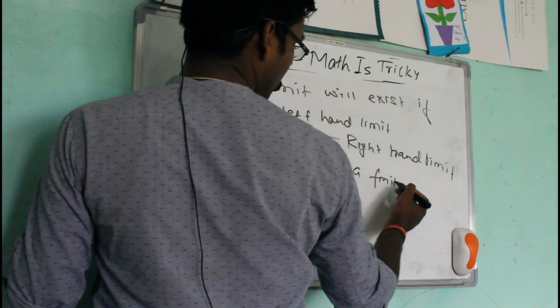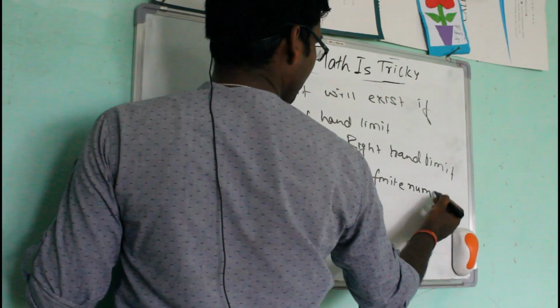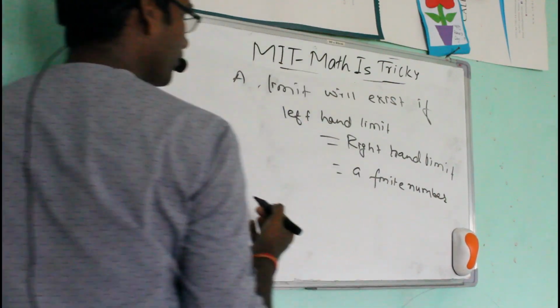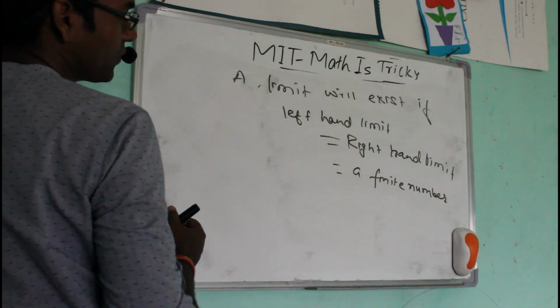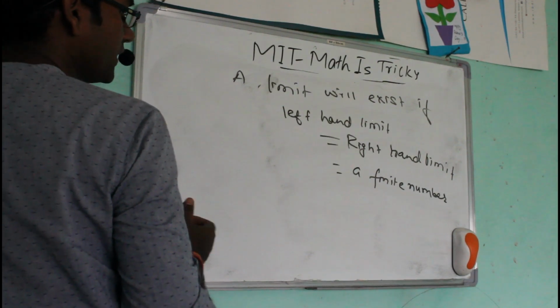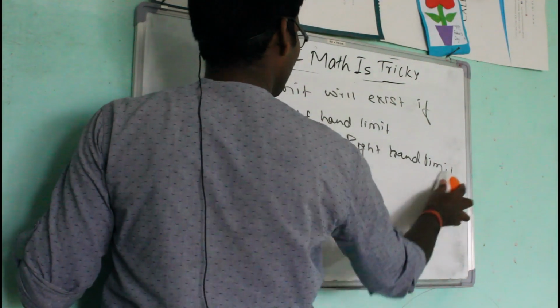It should be a finite number. For the limit to exist, the left hand limit and right hand limit should be equal, and not only equal, they should be giving a finite number.